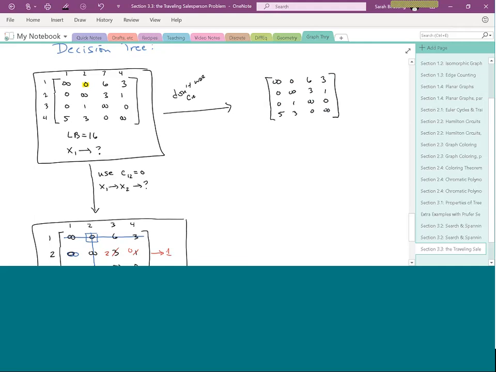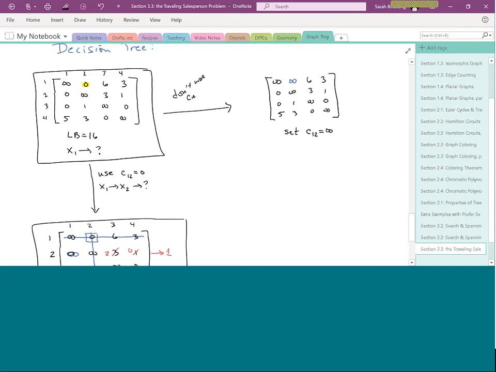But in this case, if we're not going to use C12, we're going to set it equal to infinity. Why? Because we're not going to use it. So let me actually go back here and get rid of C12 and set it equal to infinity. So this is the change.